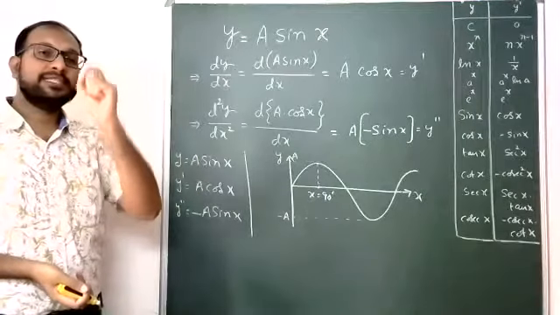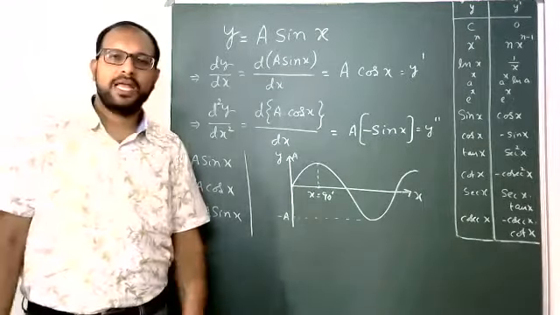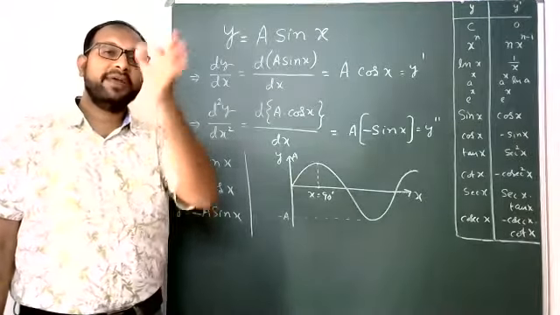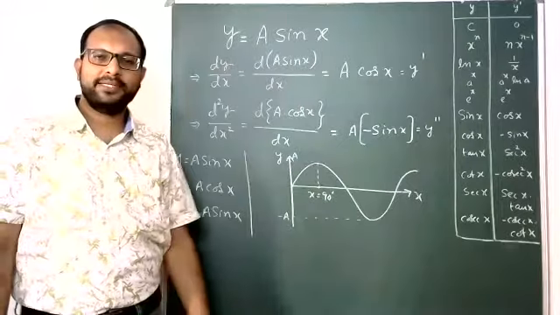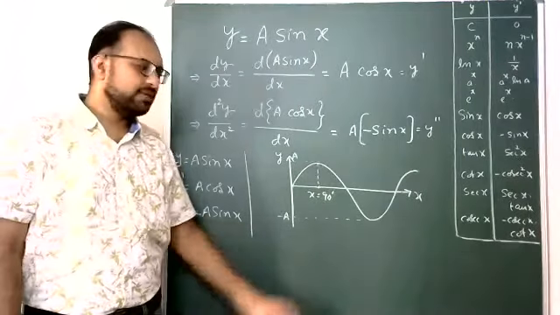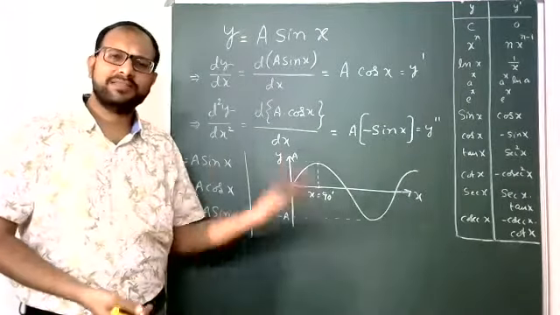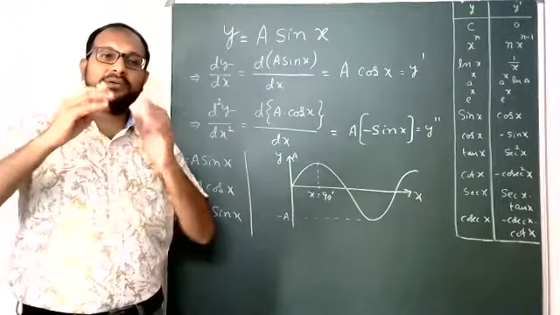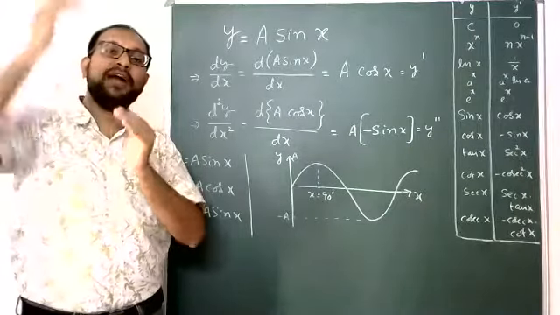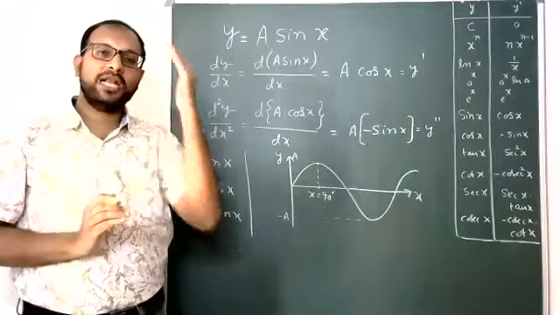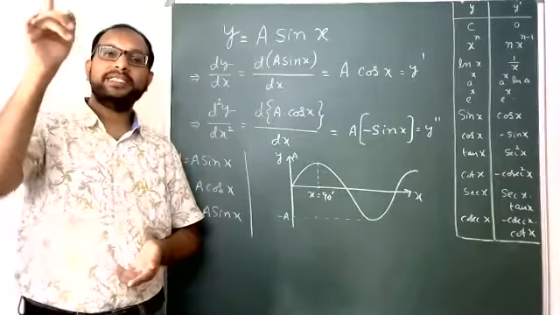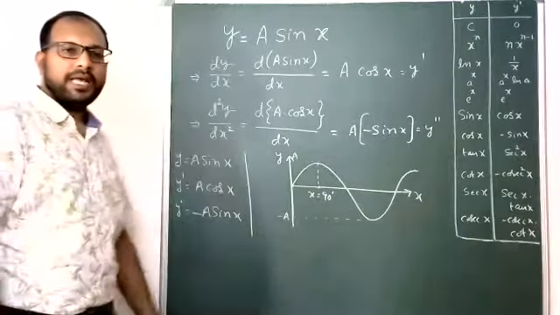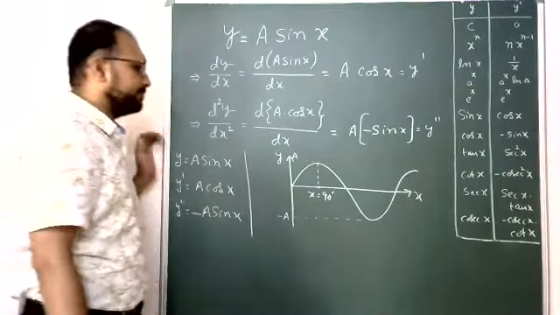Any function having a maximum value, at that maximum value its first derivative is 0. Remember, because in our physics many applications are based on this concept. At that particular location, slope is 0, means first derivative is 0.